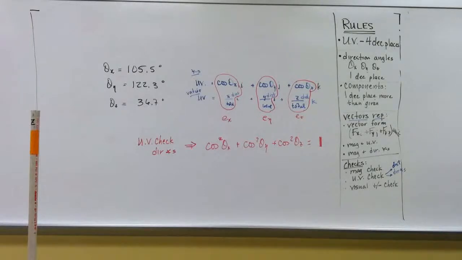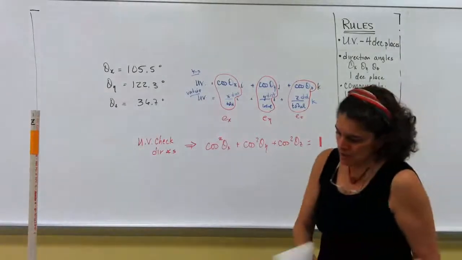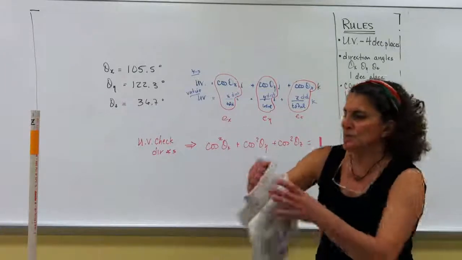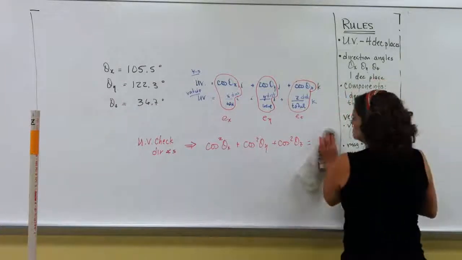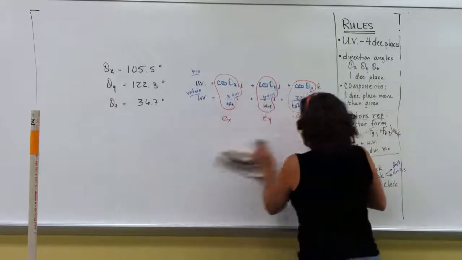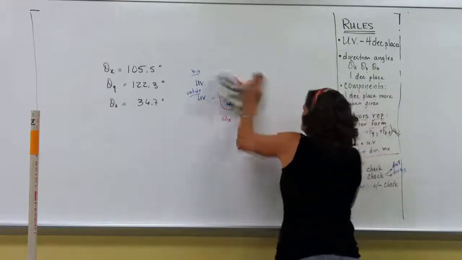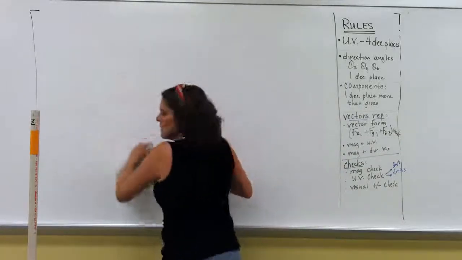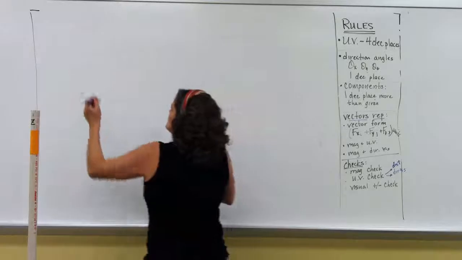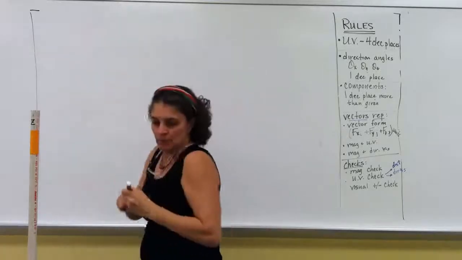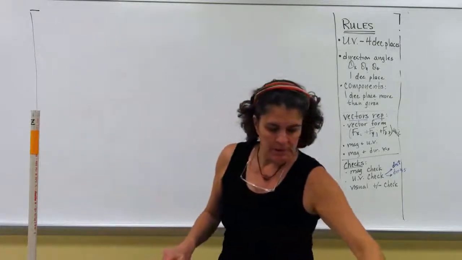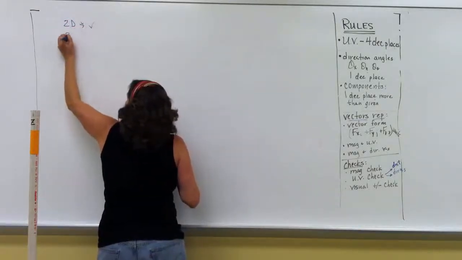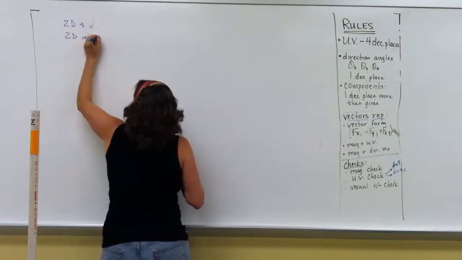Okay, all right, so now I want to talk a little bit more about angles. So I'm going to erase this right now. So far in components, we did a 2D angle problem on the first video, and we did a 2D ratio problem on the first video.